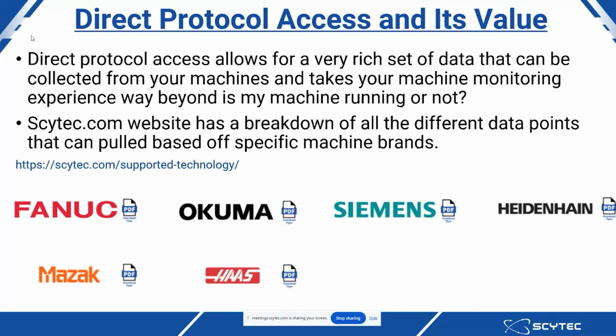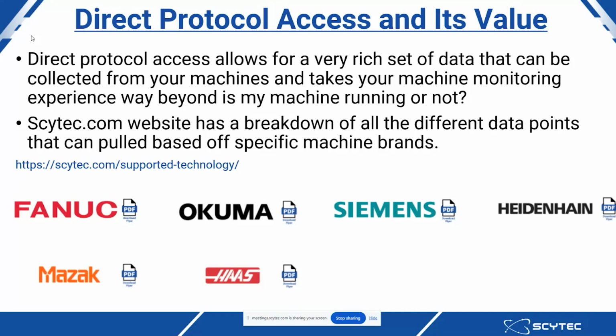Now, as I mentioned earlier, we have the ability with DataXchange to connect to different machine brand protocols and pull a very rich set of data off of them. And this is one of the things that separates Scytec DataXchange from some of the other more rudimentary machine monitoring platforms out there. On our website, if you go to scytec.com/supported technology, at the very bottom of the page, you will see a list of all the different machine brands that are supported for direct protocol access.